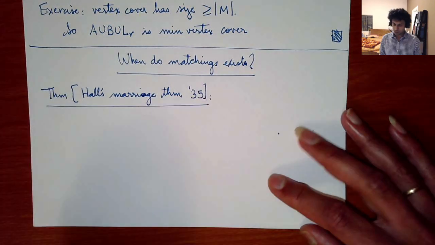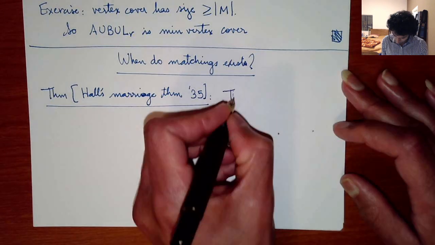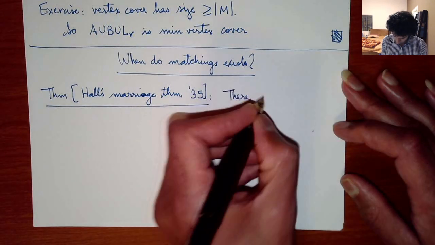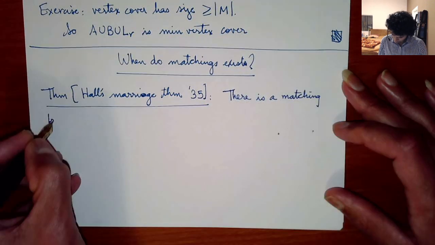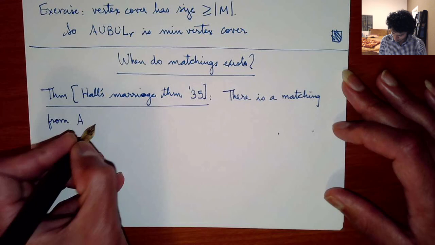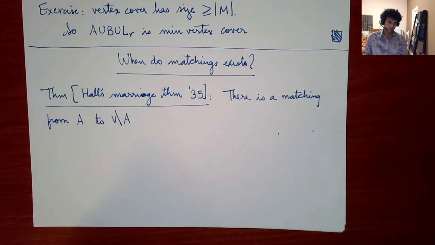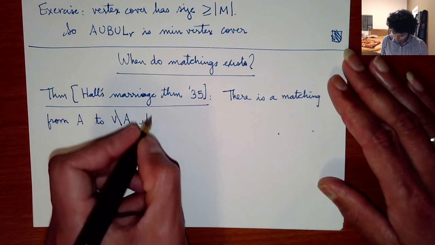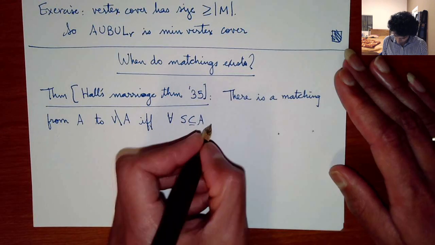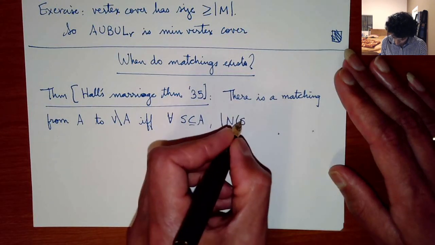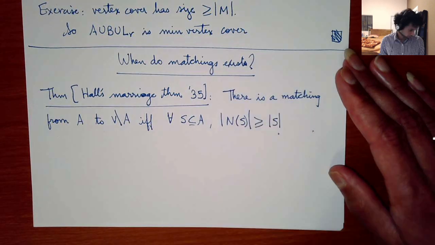So Hall's marriage theorem actually is true for general graphs. It says that there is a matching from A to the complement of A if and only if for all subsets S of A the size of the neighborhood of S is at least the size of S.